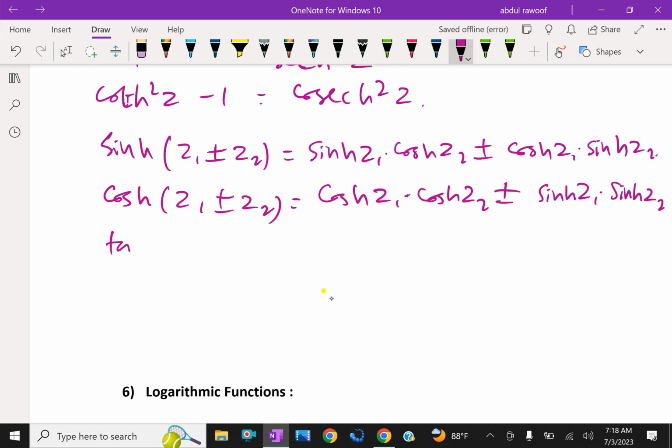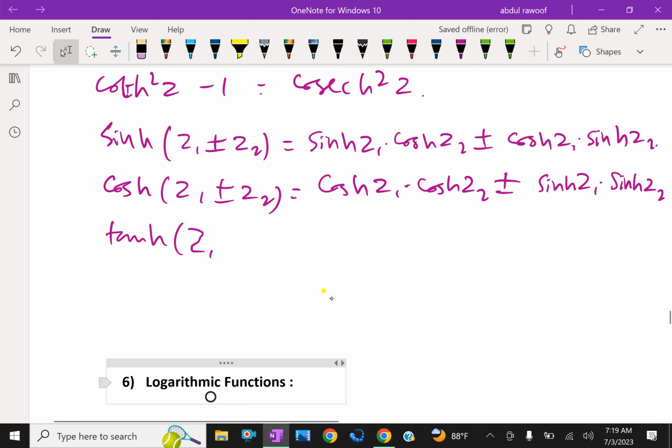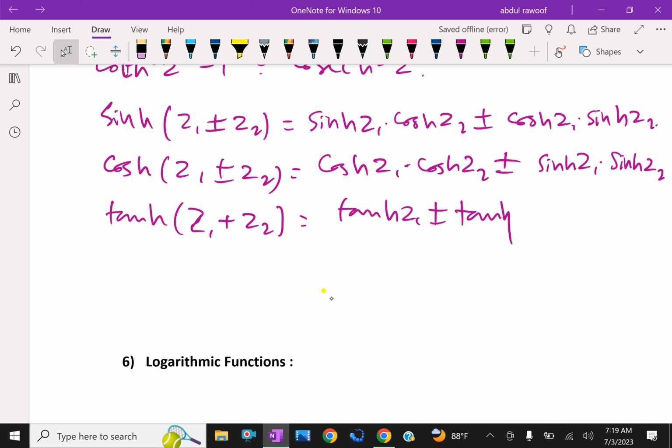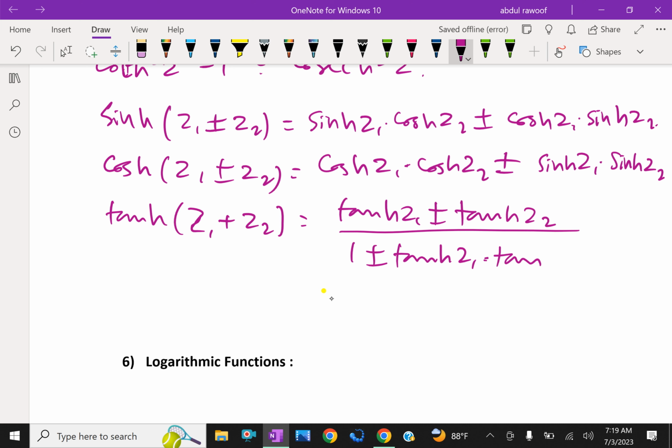Same for tan h of z1 plus or minus z2 equal tan h z1 plus or minus tan h z2 over 1 plus or minus tan h z1 tan h z2.